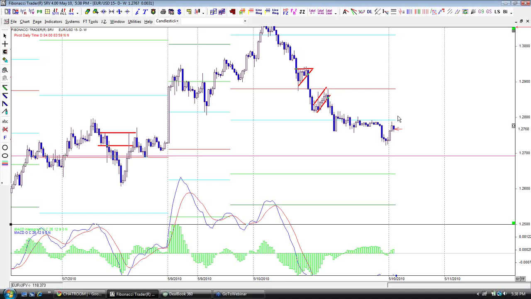So if we have a pennant forming before the opening of the UK session, or before the opening of the Asian session, this is a good time to trade those patterns.